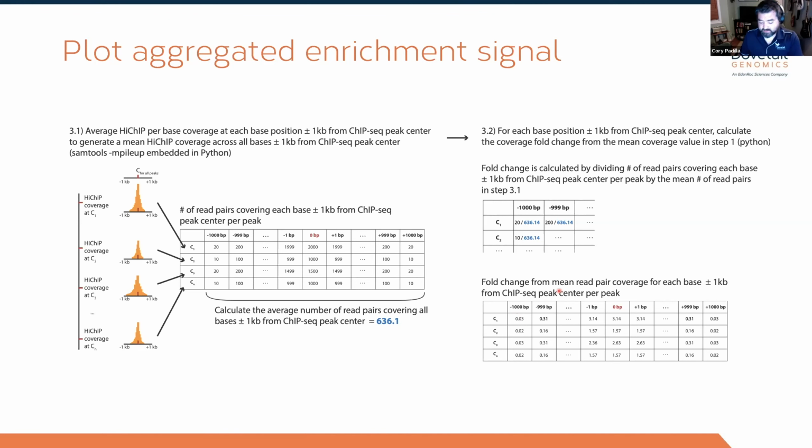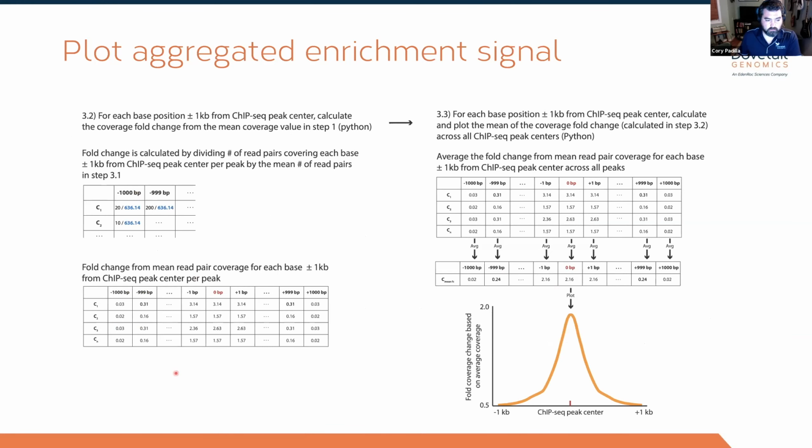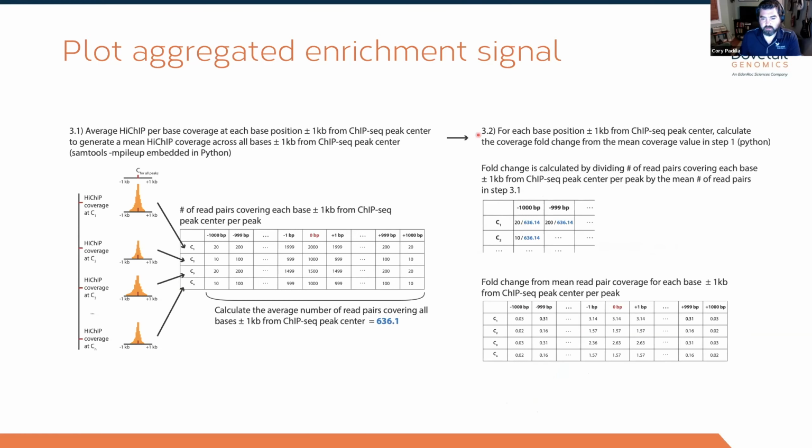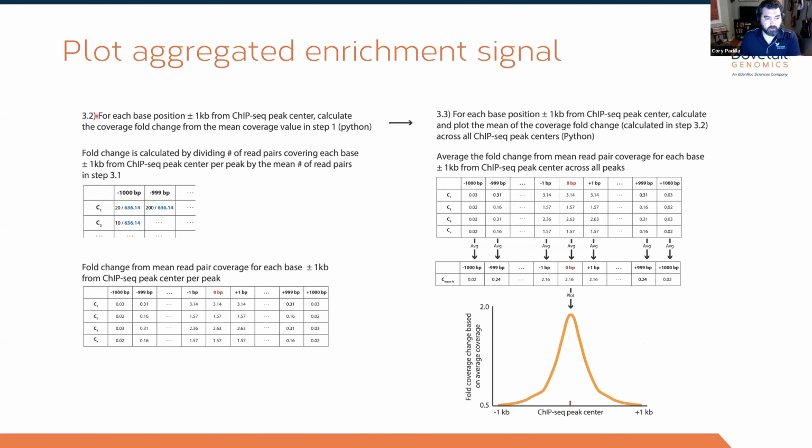So then we take this table here. This is just step 3.2, picking up where we left off, where we have a table of fold change from the mean coverage for each entry. And now what we do is actually pretty simple. We just take the mean of each base position, or we just take the mean of every column.